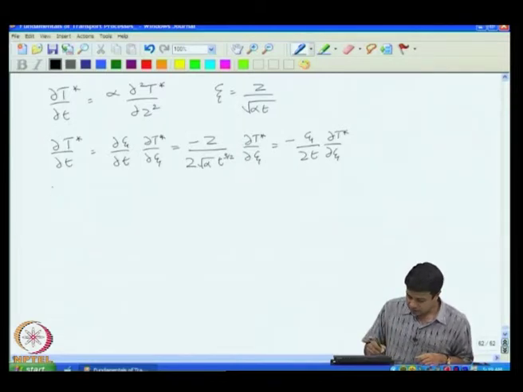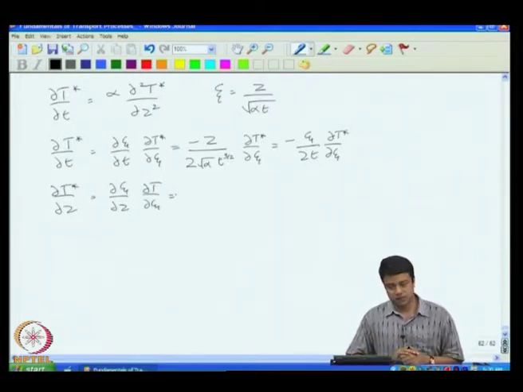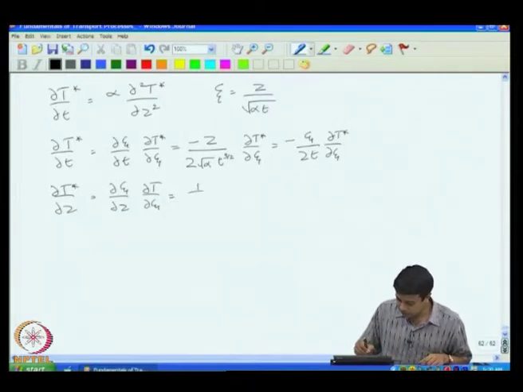On the right hand side, partial T by partial z, first take the derivative with respect to z and then with respect to psi by chain rule. This is 1 over root alpha t partial T by partial psi.